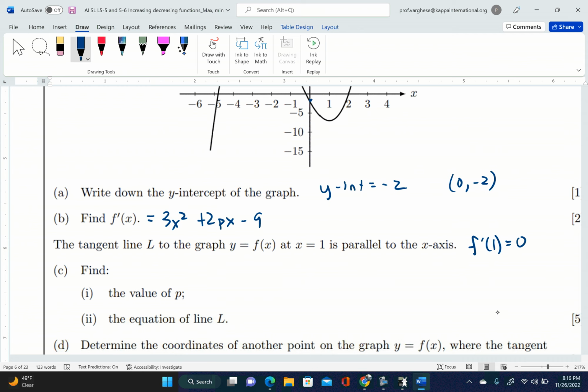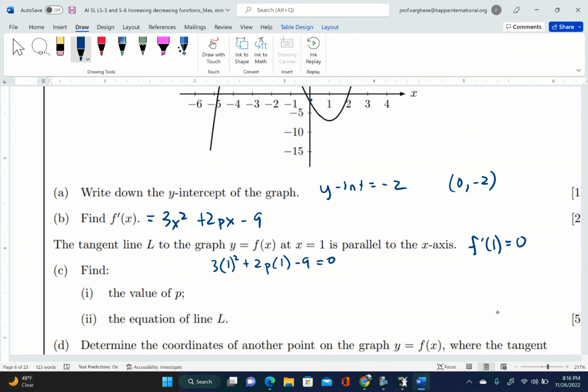So we're going to take our derivative, which is this right here, and wherever we see an x, we're going to plug in the number 1, and we're going to set that equal to 0 to find out the value of p. So we have 3, and again, instead of x, we're plugging in the number 1, squared, plus 2p, instead of x, we're plugging 1 in, minus 9, and we're setting this equal to 0.